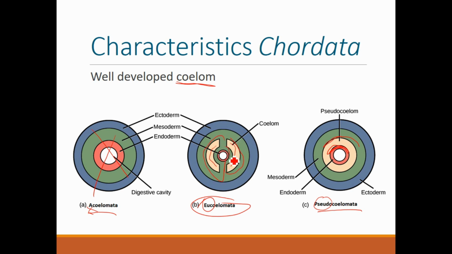So that means inside and outside of the body cavity is enclosed with mesoderm. That is us. That is how our embryo develops, and that is where our body cavity will be found. And so we are also what is called a eucoelomate.